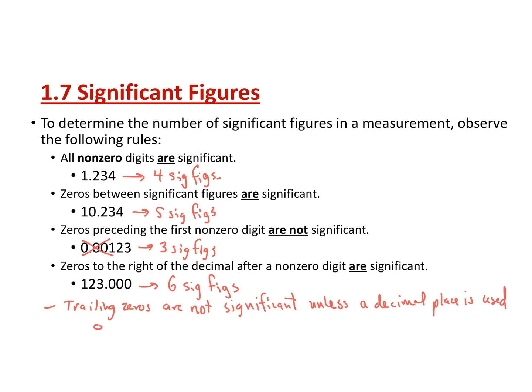For example, if I said I had an 800-pound bear and I wrote that as such, that would be 1 significant figure. Because without that decimal place there, this could be 810, 815, it could be 795.